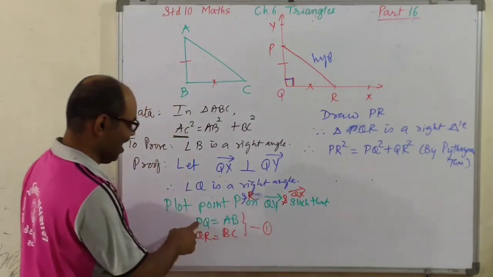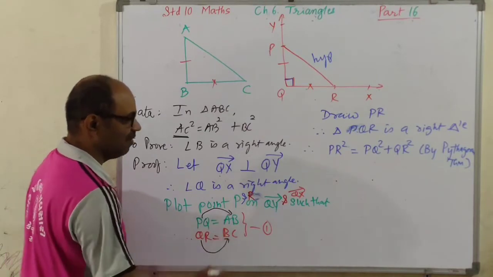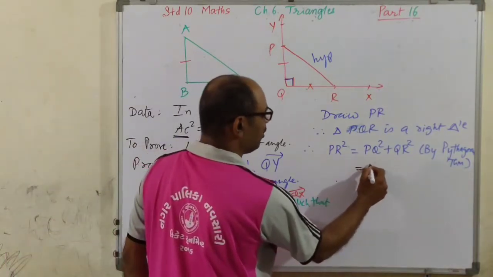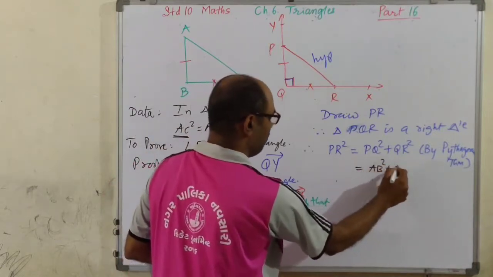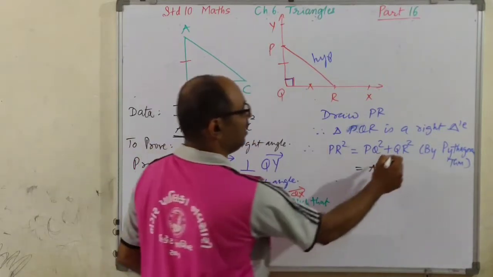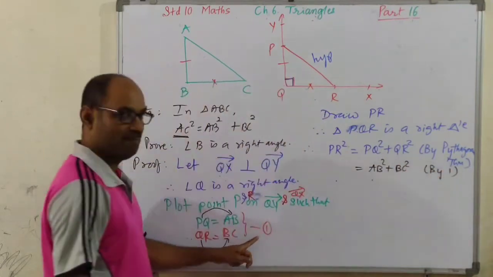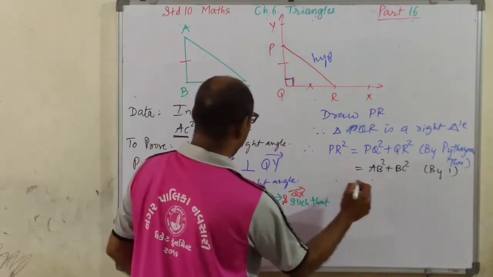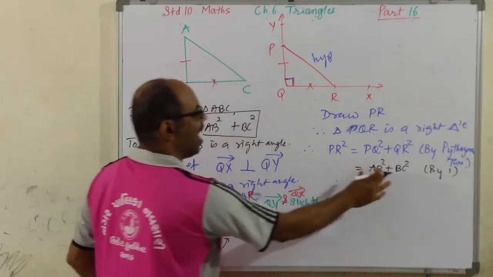Now, what is PQ? AB. What is QR? BC. So that is equal to AB square plus BC square by 1. Now, what is AB square plus BC square?